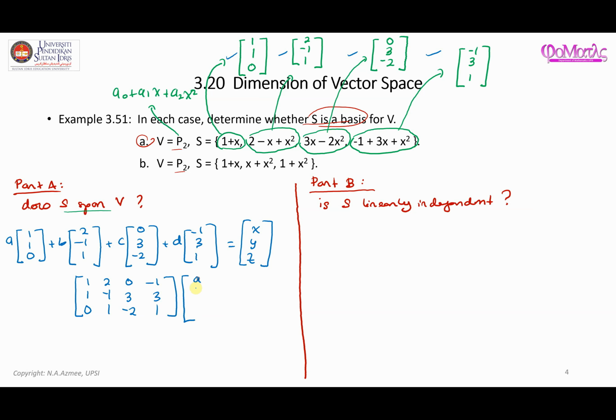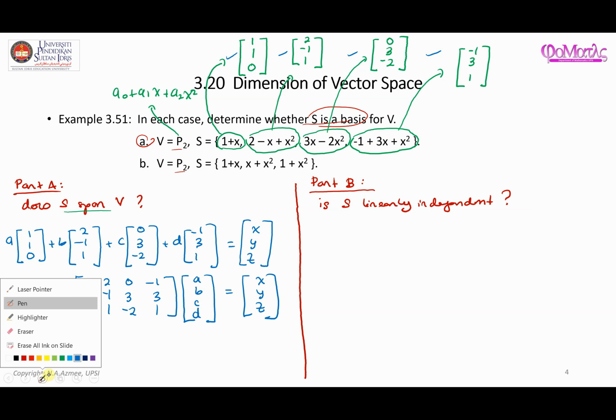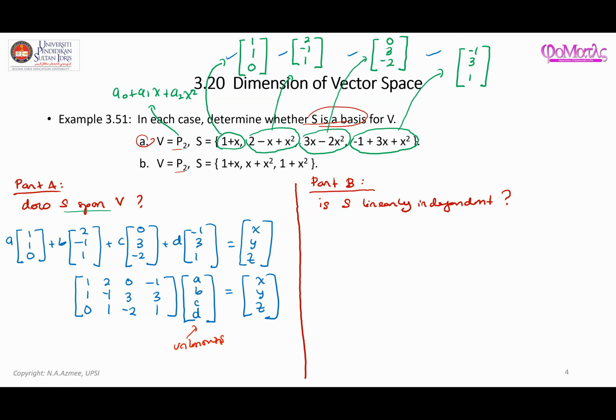Here we have A, B, C, D, and here is X, Y, Z. Notice that these are the unknowns. We need to find what the values are, and because of that, we can later consider the augmented matrix and so on to solve for A, B, C, D. Now, I'm just going to call it the first equation.